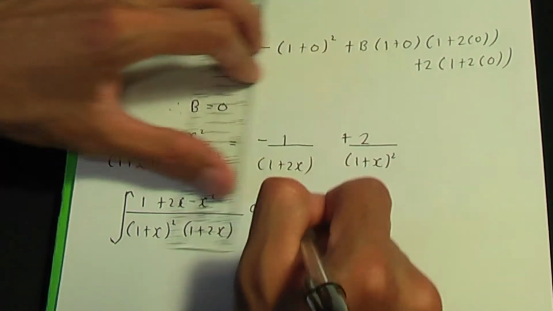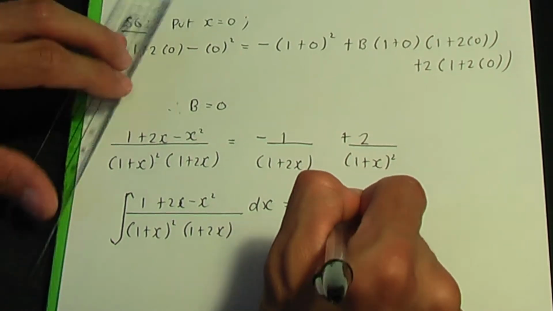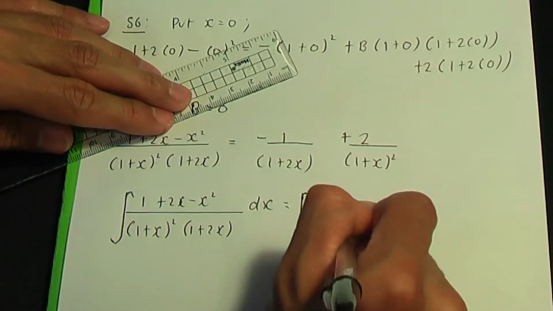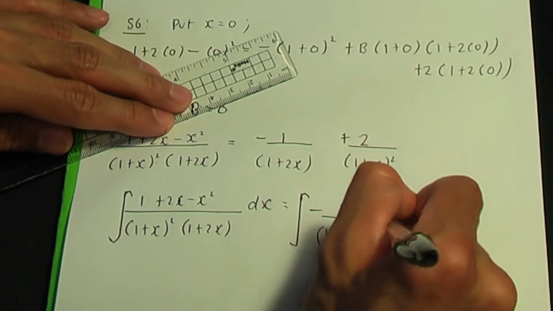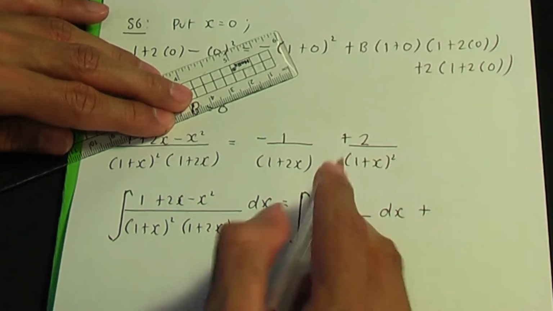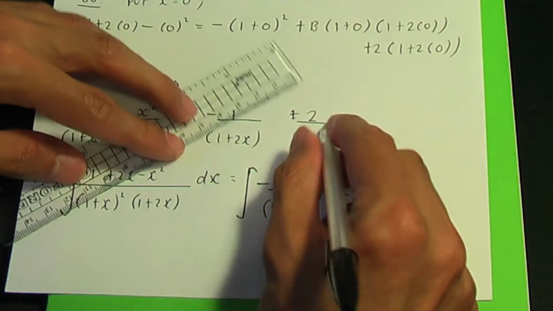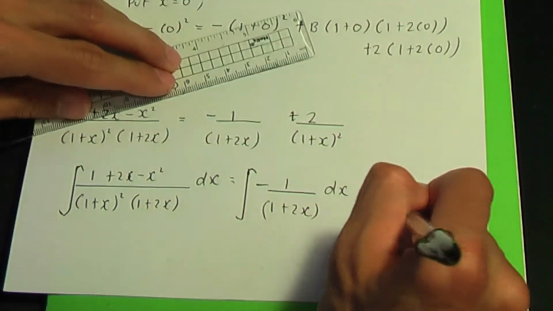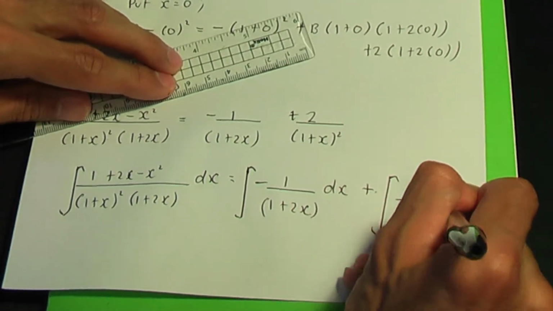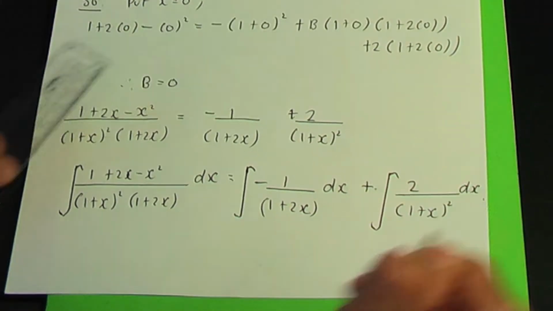We can integrate minus 1 over 1 plus 2x with respect to x, plus 2 over 1 plus x squared with respect to x also.